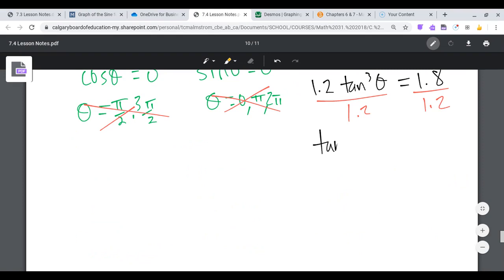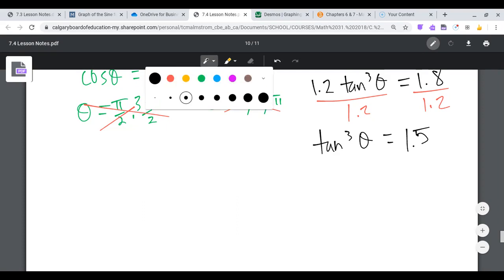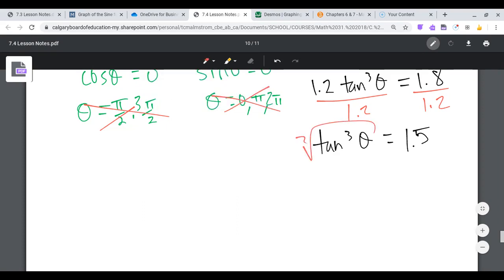So I have tan cubed theta is equal to 1.8 on 1.2, which turns out to be 1.5. So let's just write that. And then I am going to take the cube root. So I get that tan theta is equal to the cube root of 1.5.